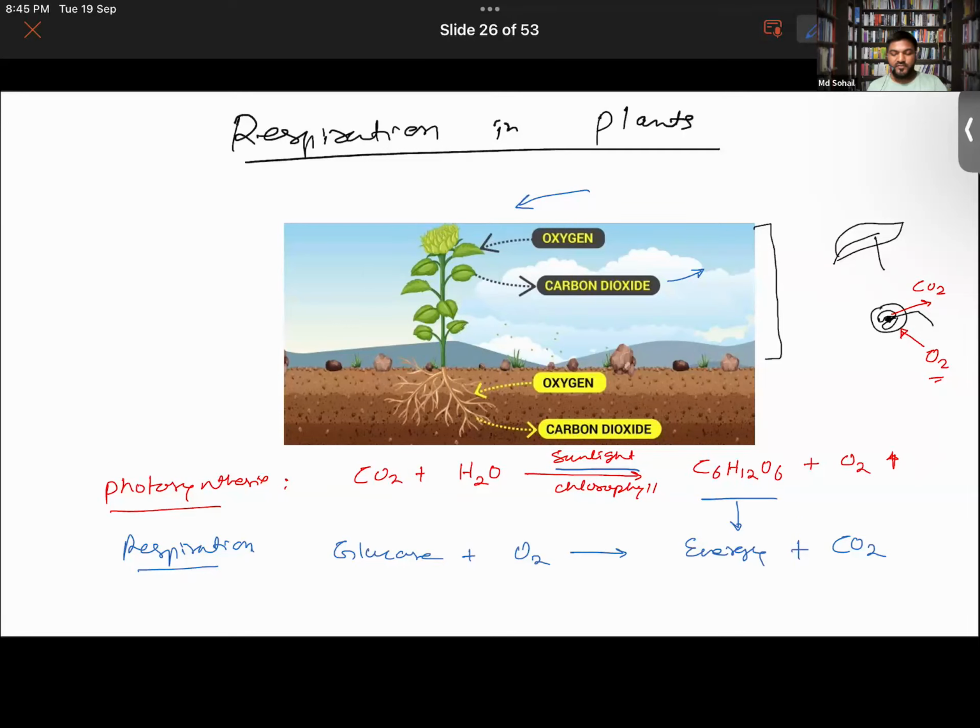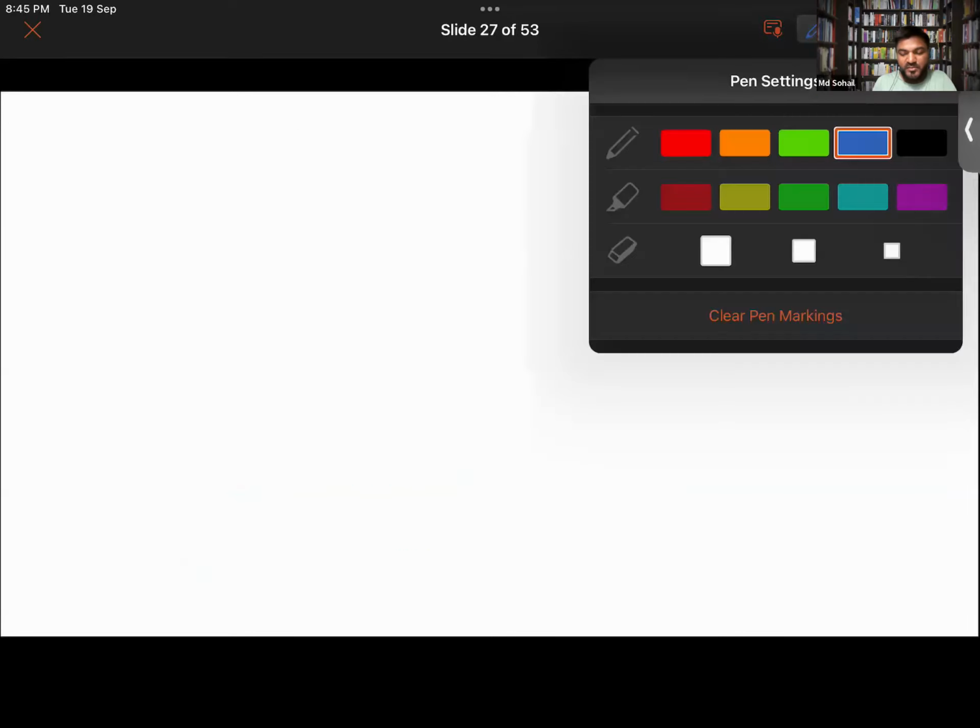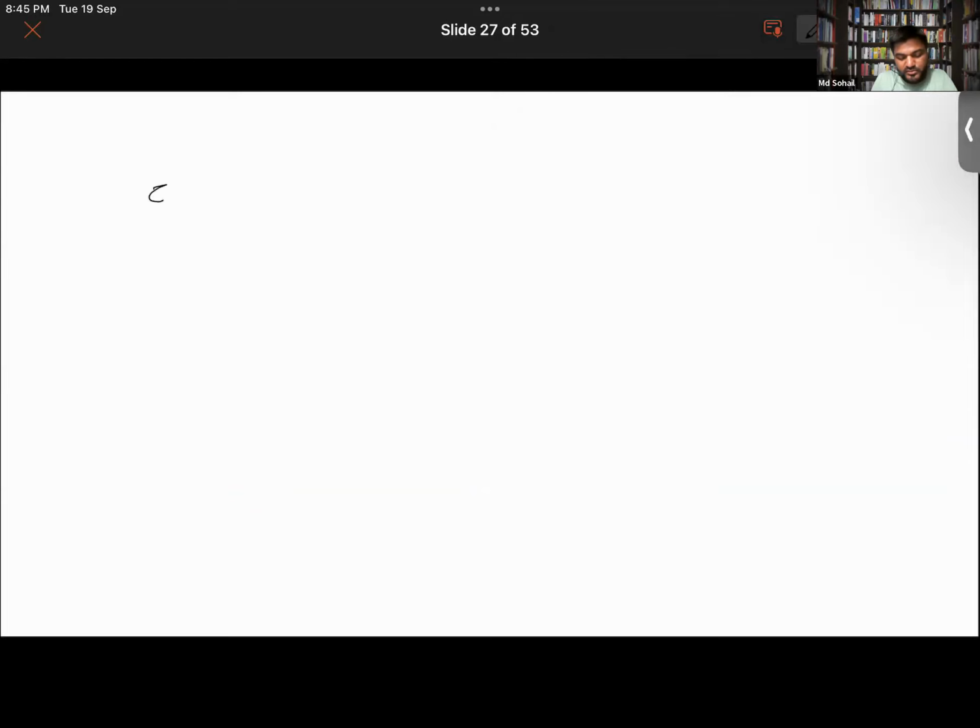Just like in the case of we humans, we break up glucose, that is C6H12O6, in the presence of oxygen to give out carbon dioxide, water, along with energy. The same process occurs in the case of plants also. They break down the glucose into carbon dioxide and water and release energy to perform other functions.